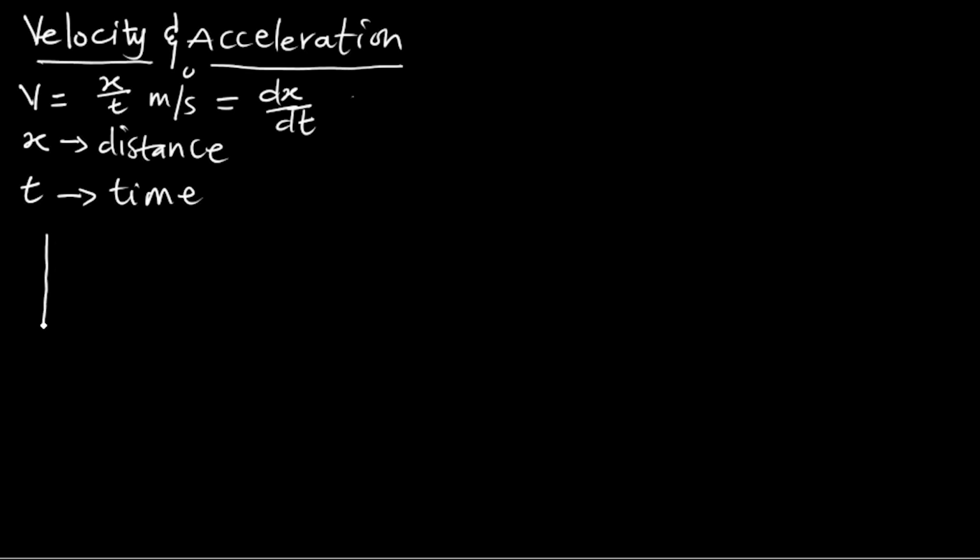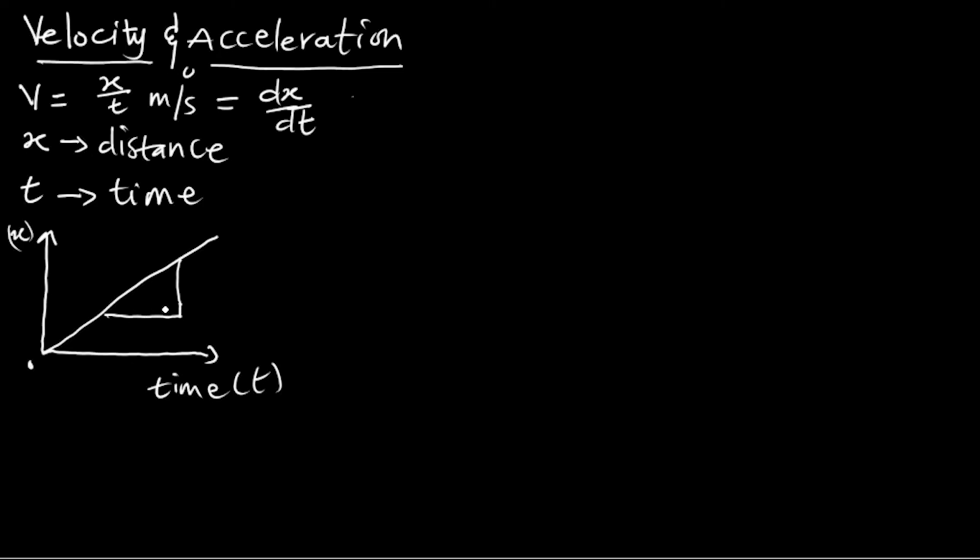Let's have this graph of time. This is our time, that's t, against our x, which is the distance. So if there's a movement from the origin to this point, then our velocity v, which is the change in the x, that's the distance, over the change in the t, will become the slope of this diagram.